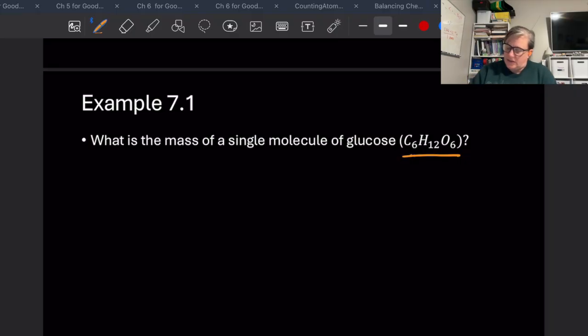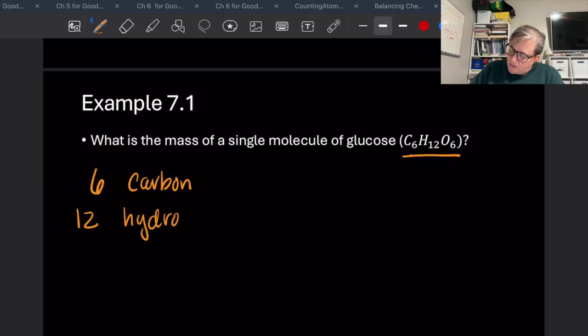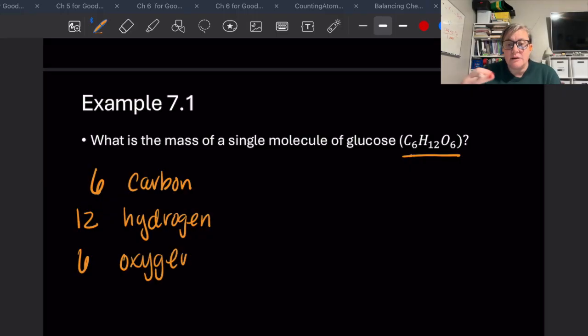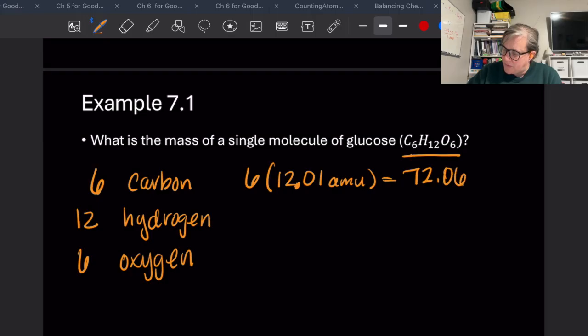So what is the mass of a single molecule of glucose? We've got carbon and hydrogen and oxygen. So we have 6 carbon atoms, 12 hydrogen and 6 oxygen. So we're going to find the mass of each of those types, then we can add them together. So 6 carbon at 12.01 AMU gives us 72.06 AMU.